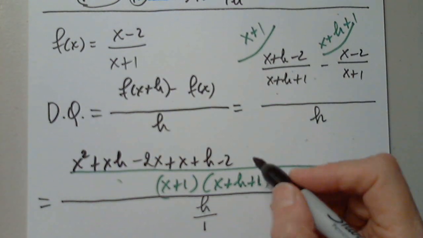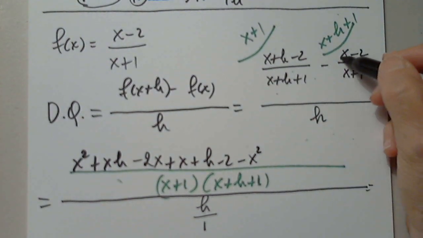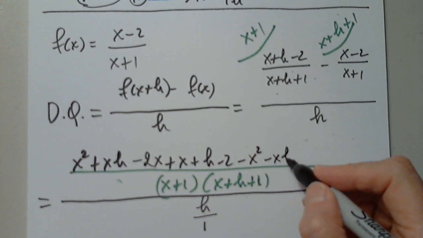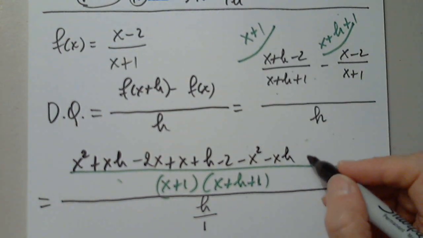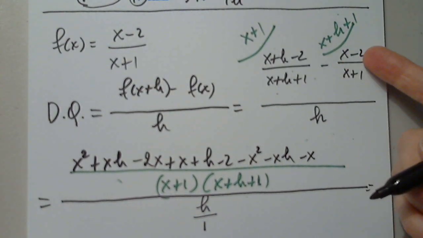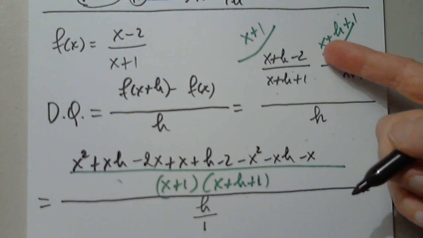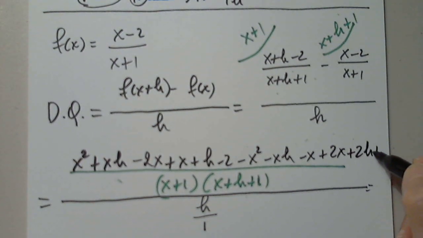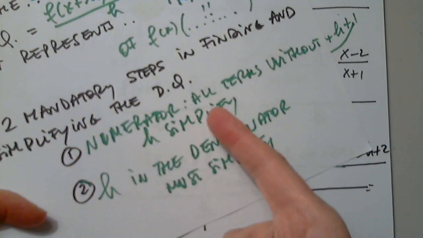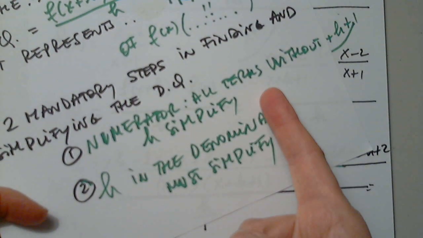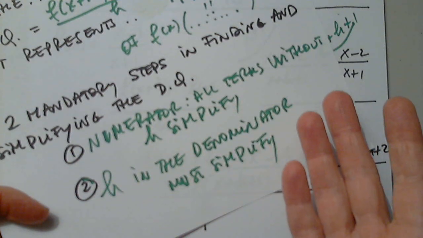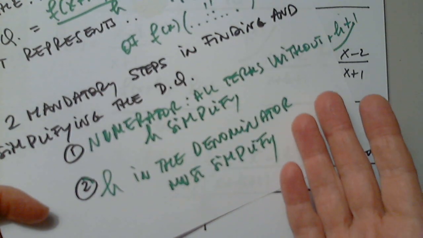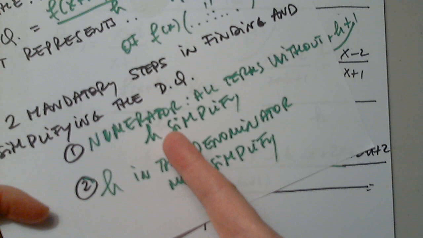Negative x times x, negative x squared, negative x times h, negative x times 1, negative times -2 now, 2 times x, 2x, plus 2h, and plus 2. Remember, it's a difference quotient. If this does not happen, I'll say stop. I can't continue. I won't continue because this is mandatory.